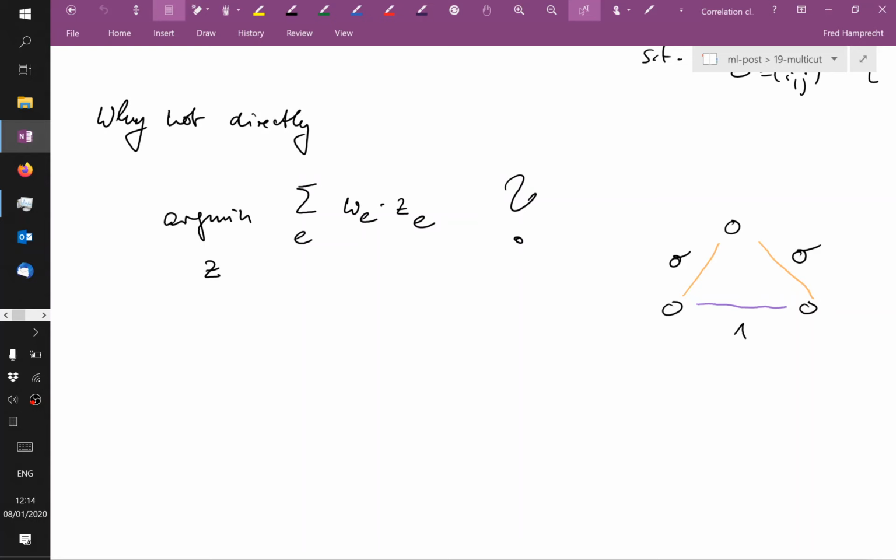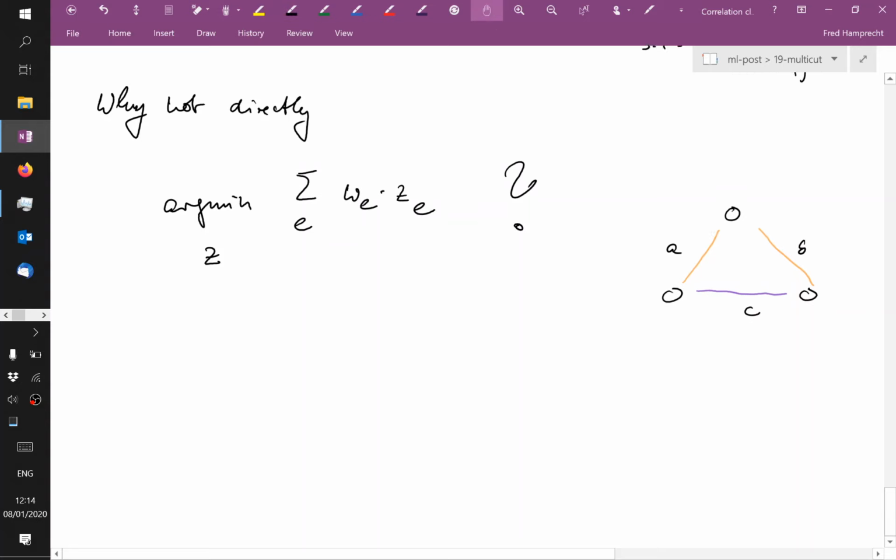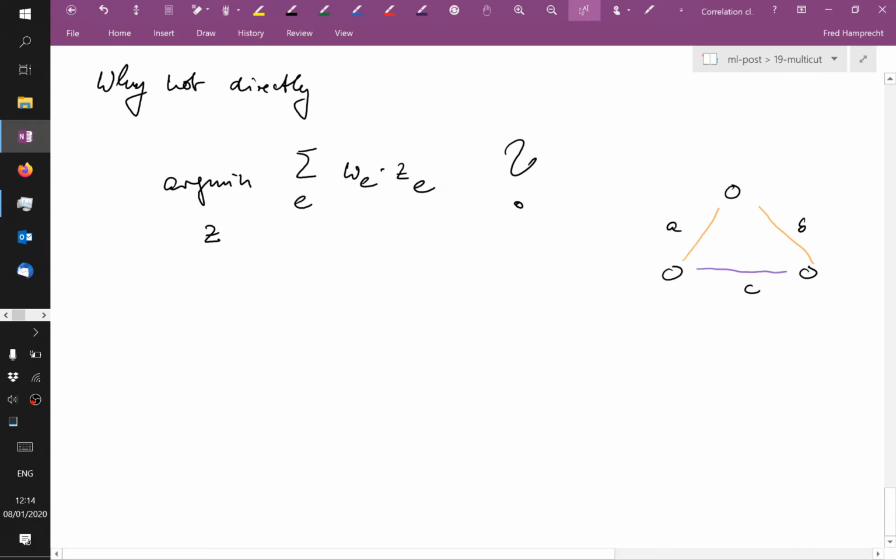So if I'm calling the edges here A, B, and C. Maybe C had a different meaning. By the way, that was one of the questions in the break. The C was always a vector. Yeah?